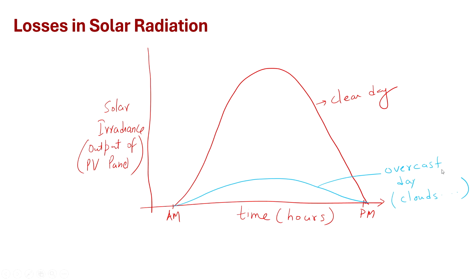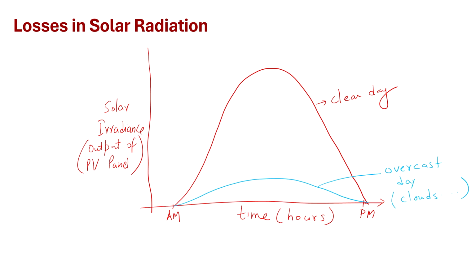So, there is a significant loss in the solar radiation that could be caused by the presence of atmospheric conditions, and this is a very important factor in affecting the performance of solar PV panels or any solar device where the amount of radiation intensity is an important factor.